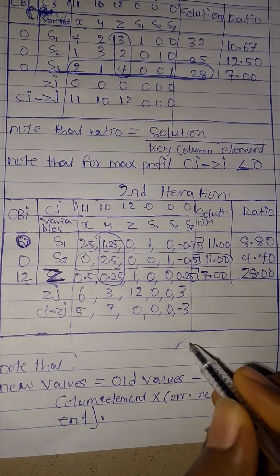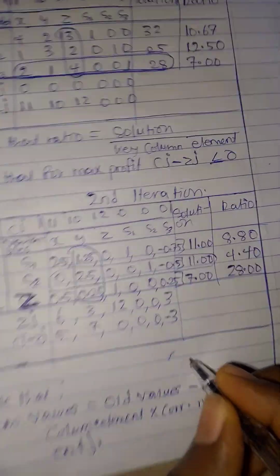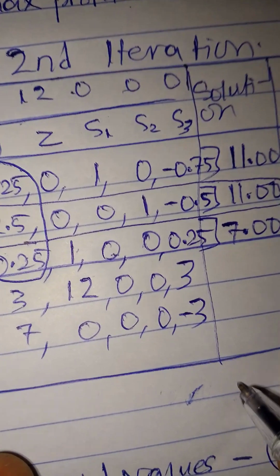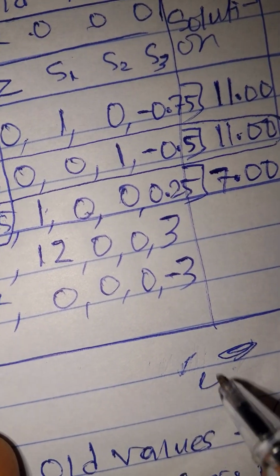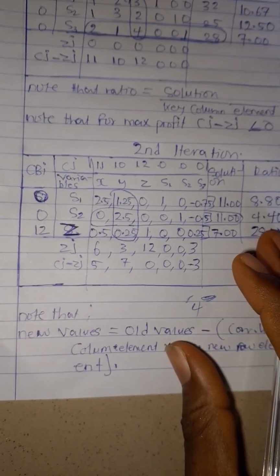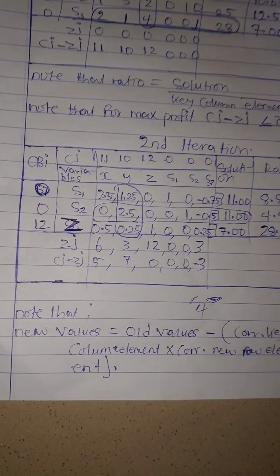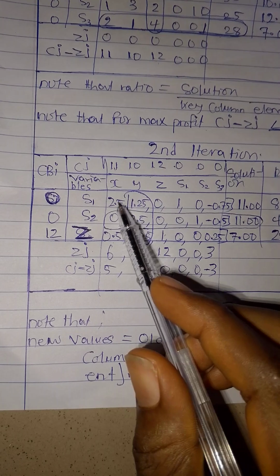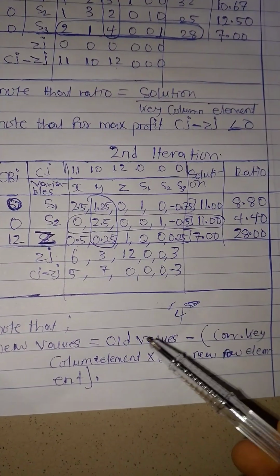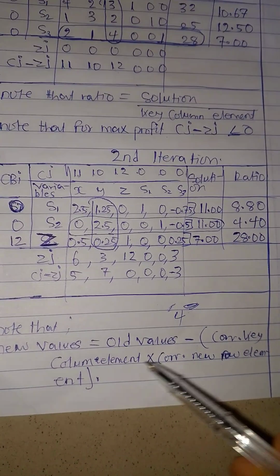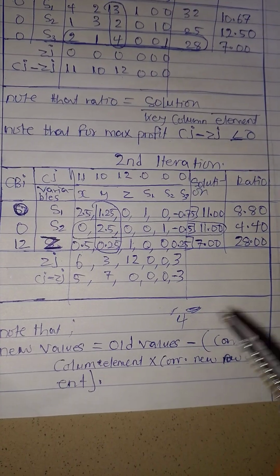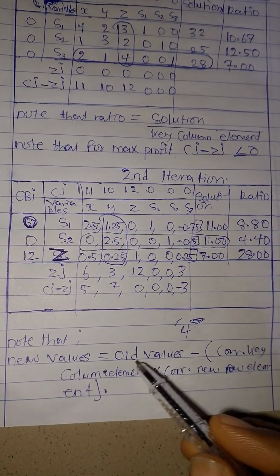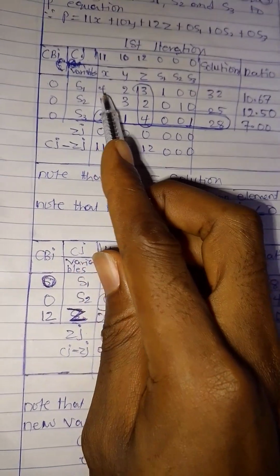Let me get this. So for us to get the value for this, you know that it is the old value minus the corresponding key column element times the corresponding new row element. So my old value is 4, right?